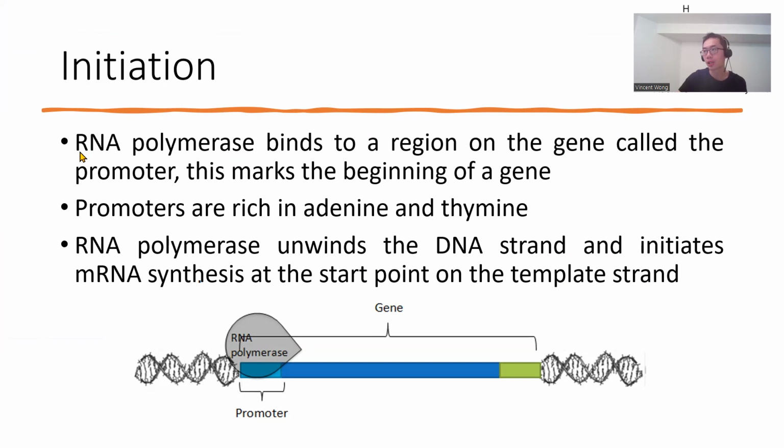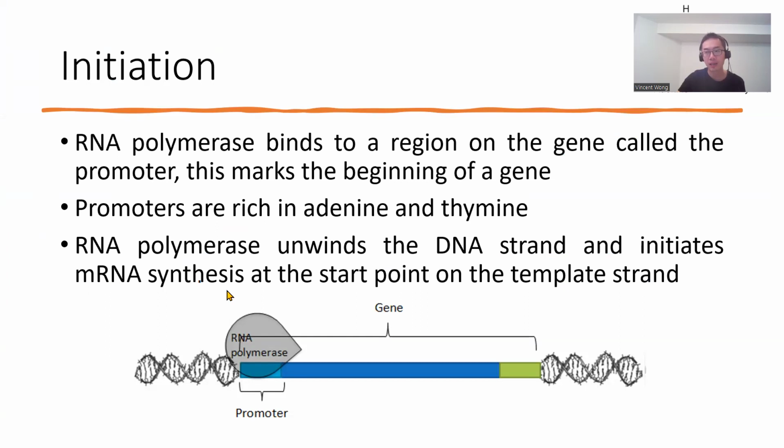Okay, so to start the process of transcription, RNA polymerase binds to a region on the gene called the promoter. And this marks the beginning of a gene. The promoters are rich in adenine and thymine, making it easier to be unzipped. And the RNA polymerase is going to unwind the DNA strand and start RNA synthesis.